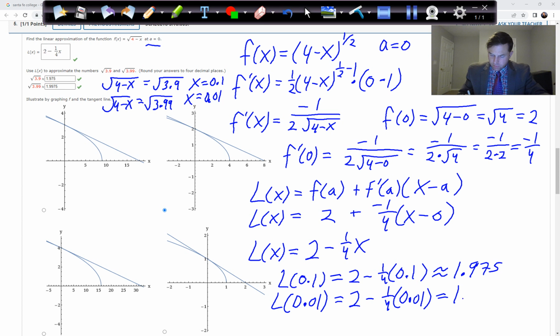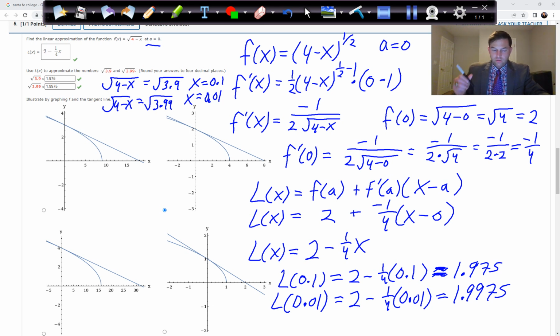I also don't believe there's any rounding in this one. And those are the two answers there. And again, you can double check that. Take the square root of 3.9, you'll get approximately 1.975. Take the square root of 3.99 on your calculator, you'll get 1.9975.